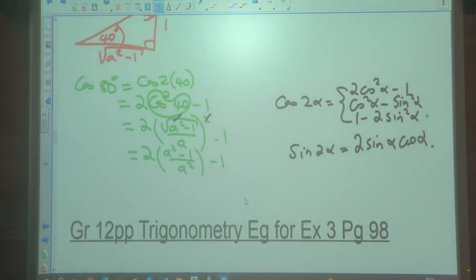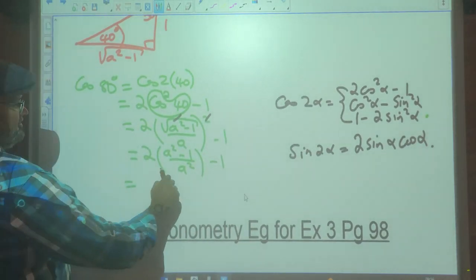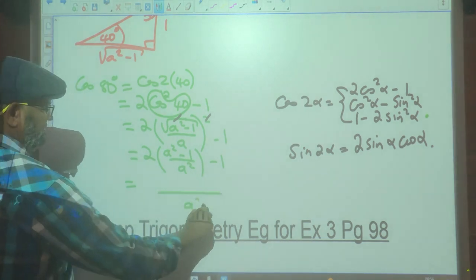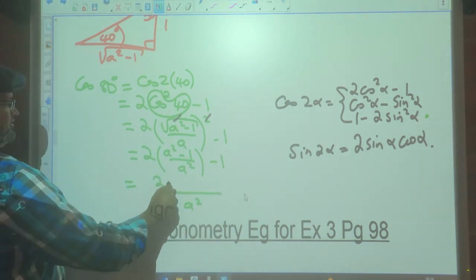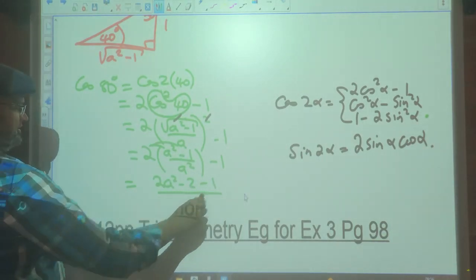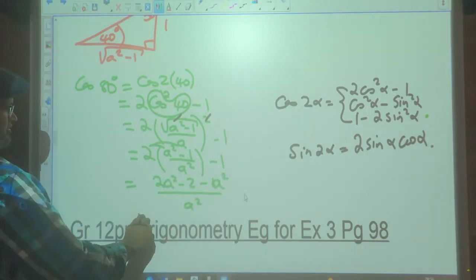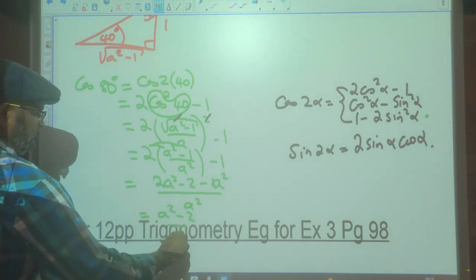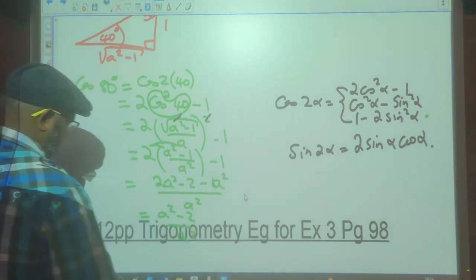And from here it's a matter of simplifying. My LCM of course is a squared. I'll multiply the 2 into a squared minus 2, minus 1, which gives me a squared minus 2 over a squared.